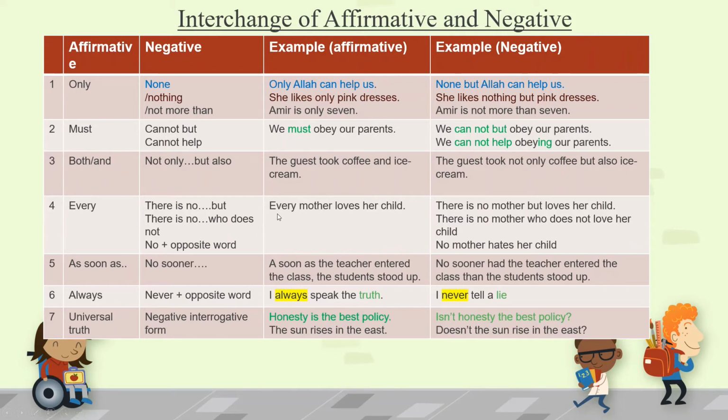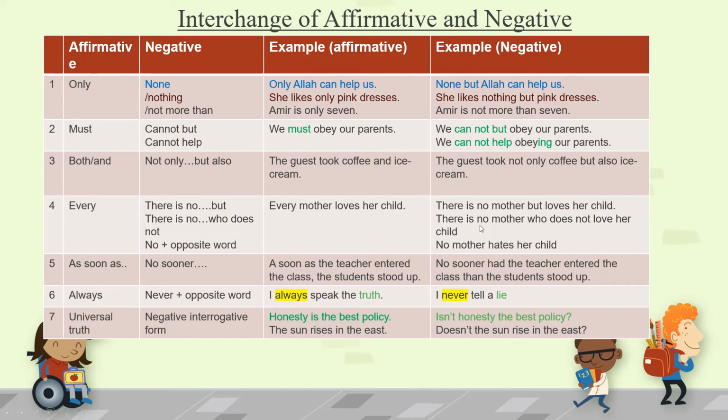Now look at this particular sentence. Every mother loves her child. You see, there are three structures. This assertive sentence can be transformed into negative following these three structures: there is no but, there is no who does not, and no plus opposite. First one is there is no mother but loves her child.